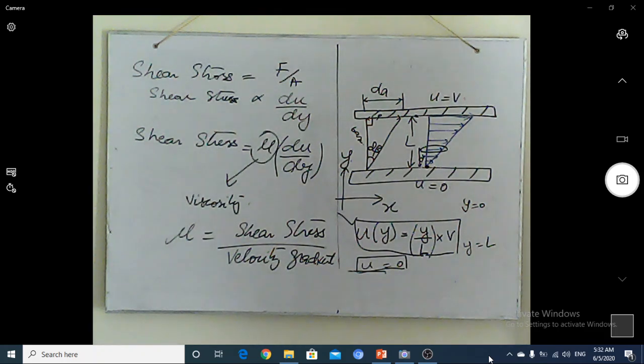So again, if you correlate viscosity with the friction factor and friction force, you can easily understand what viscosity is all about. Viscosity is not a force, it's actually a property of the liquid by virtue of which the liquid offers resistance to motion within the liquid frame.